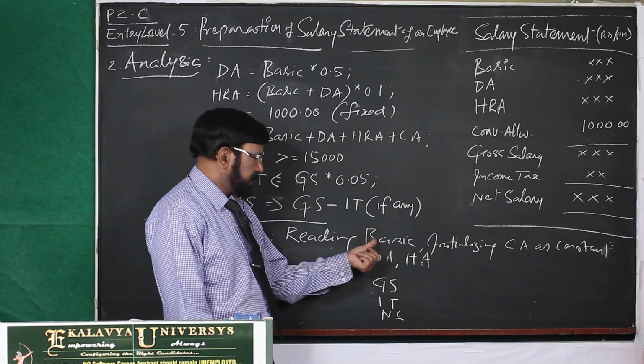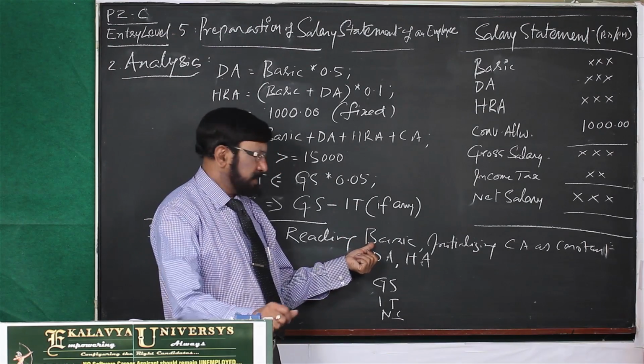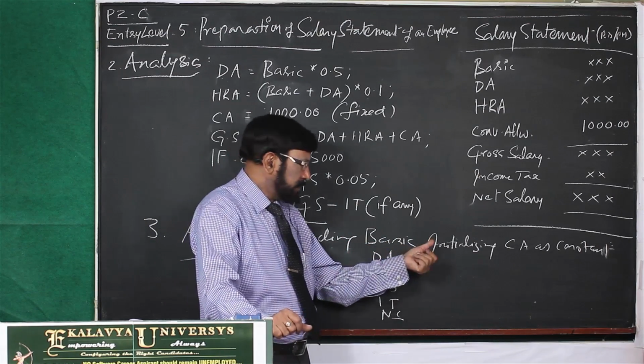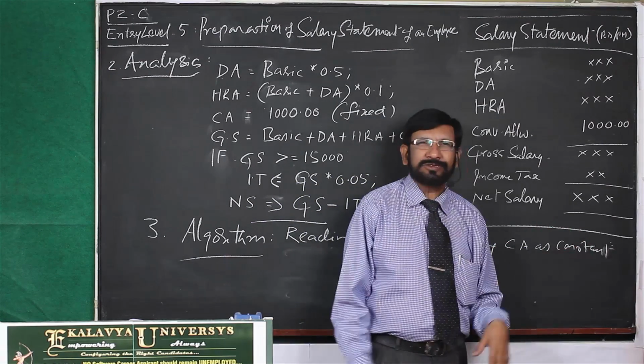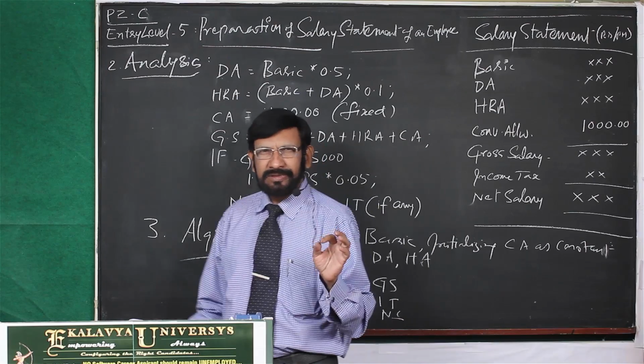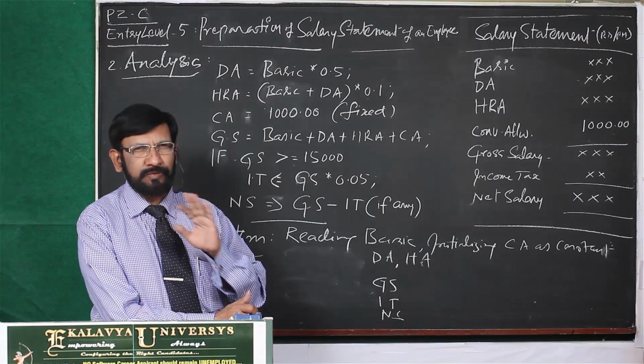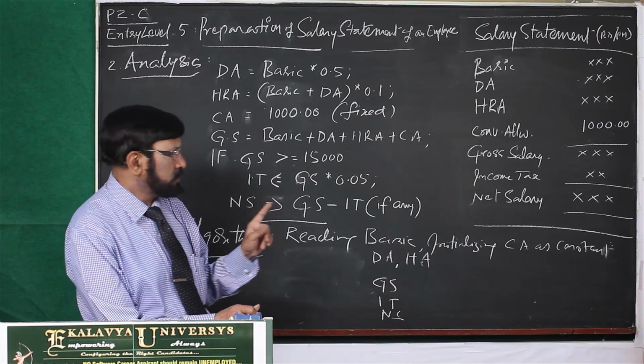The first one is reading basic pay, thereafter initializing conveyance allowance as a constant, because conveyance allowance is common, uniform for all the employees, 1000 rupees.